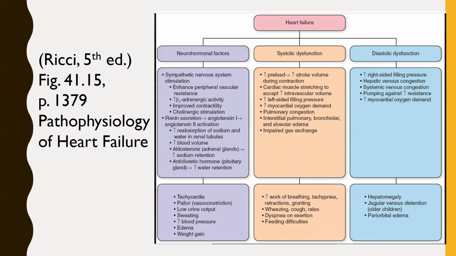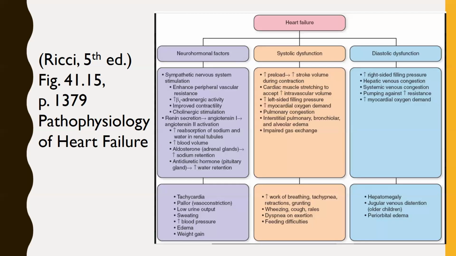We also have to look at that renin secretion, angiotensin 1 to angiotensin 2 activation system. So there will be an increased resorption of sodium and water in the renal tubules, and an increased blood volume.